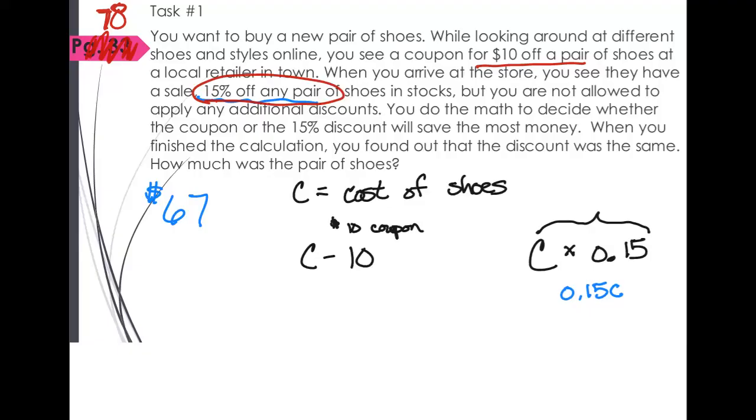If the $10 is my coupon, the C is the cost of the shoes. If I take the cost of the shoes times 0.15, what is that going to be? I'm not saying as a number, I'm not saying as an expression, but what is that in terms of this sale?